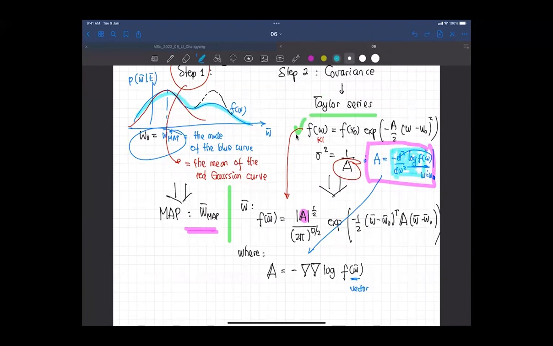The second derivative will contain W, some unknown variable. But you replace that W with W0 or W_MAP, and then you will have some value there, because you replaced the variable with a scalar value. Then that equals minus A. Yes.